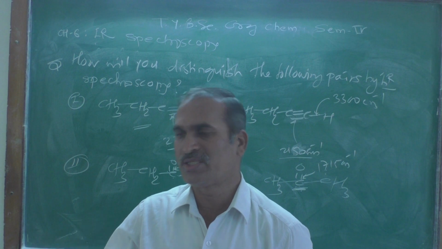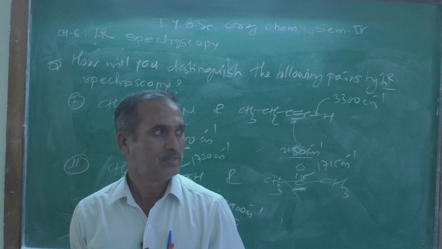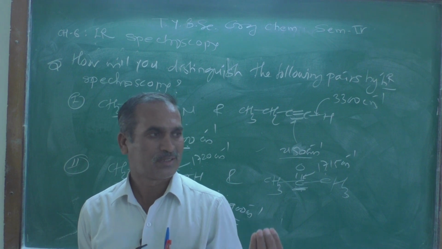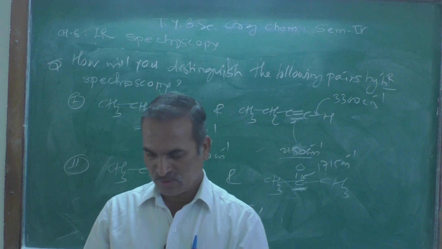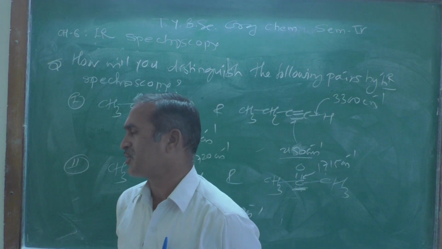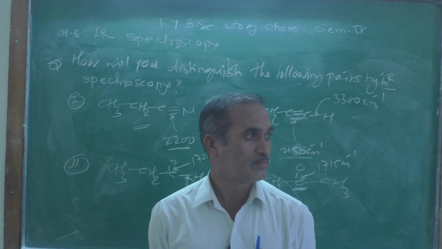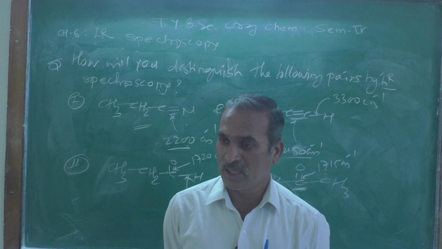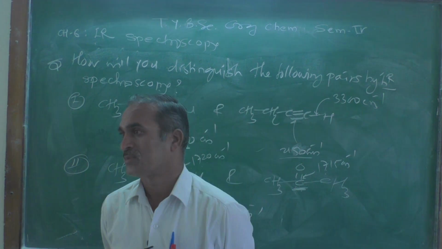You just give the list of applications of IR spectroscopy. I think we have discussed 3 or 4 applications, such as determination of the structure of an organic compound with the help of the following points we have discussed.